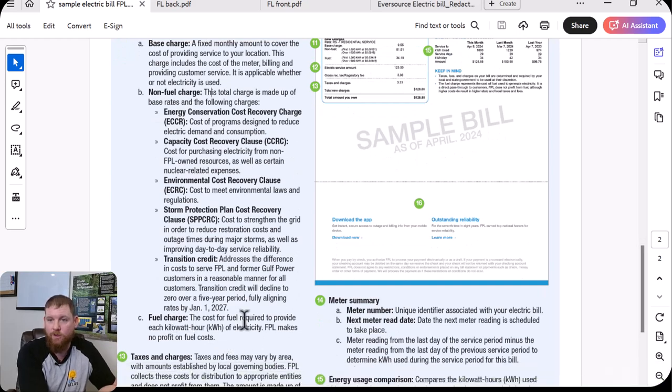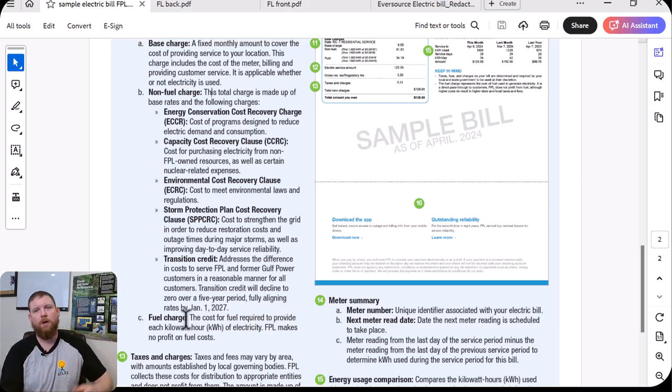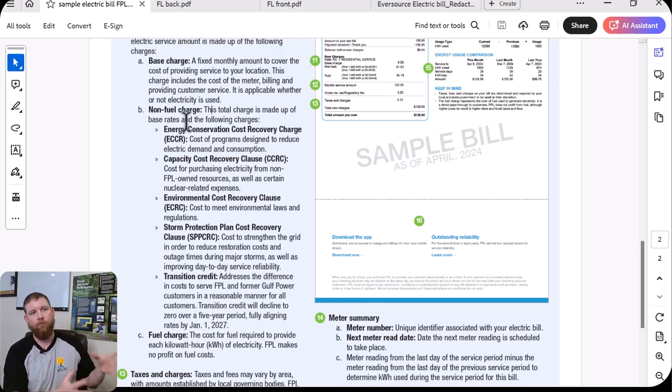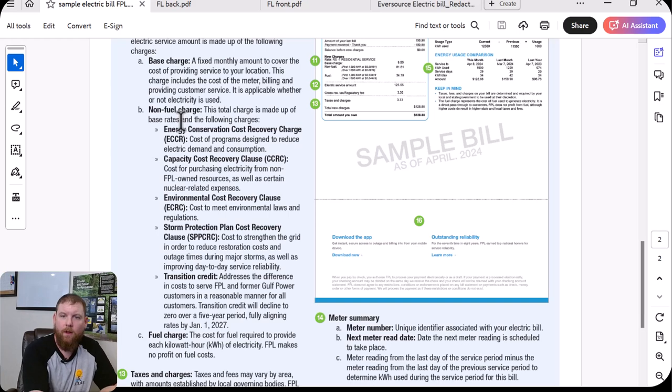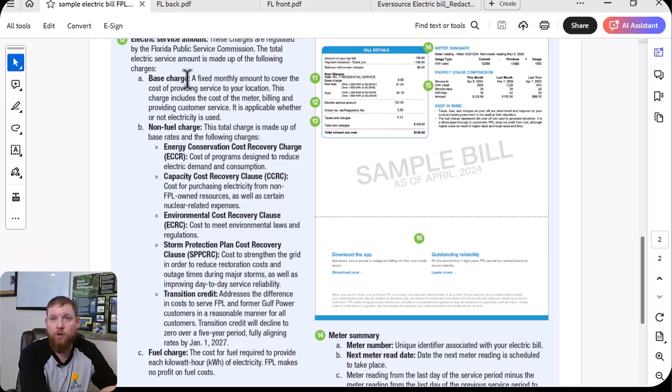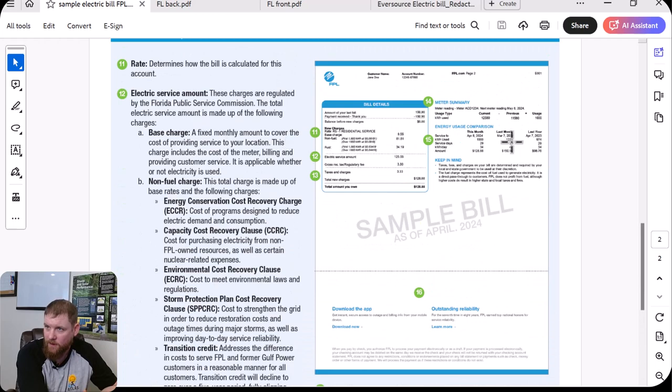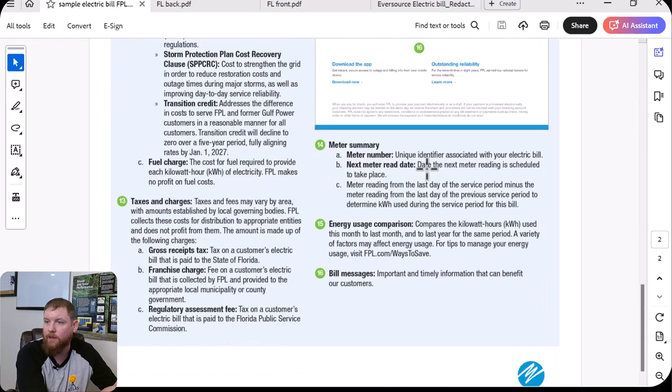And the fuel charge is the cost for fuel required to provide each kilowatt hour of electricity. So again, the fuel is the cost to burn the energy, and the non-fuel charge is the cost to bring that energy to you. And again, the base charge is the non-usage associated charges. So that's like your customer charge, things like that. And again, it's all broken down here.